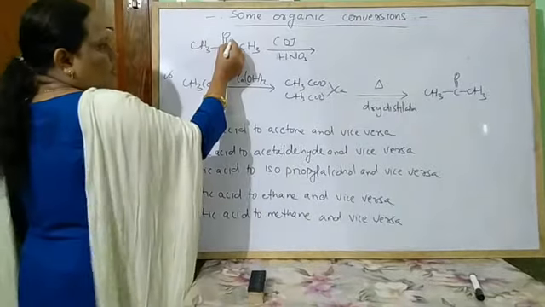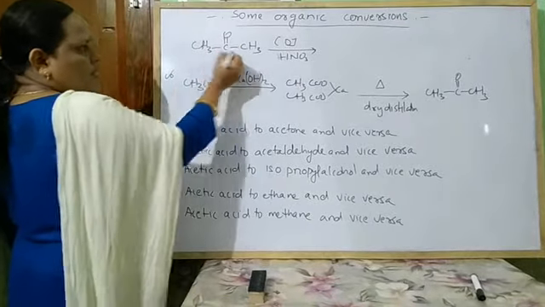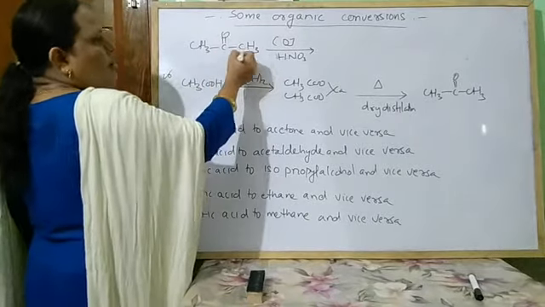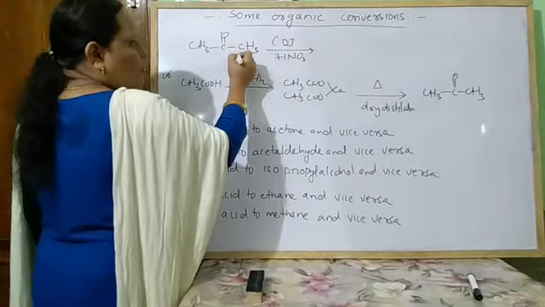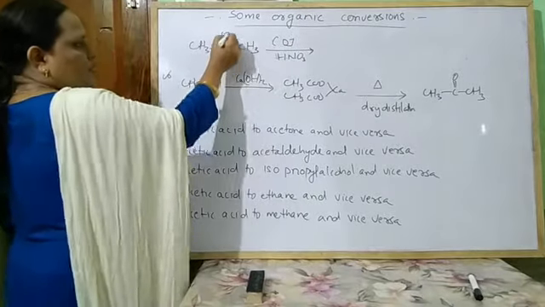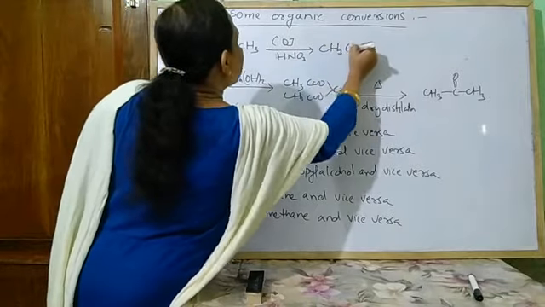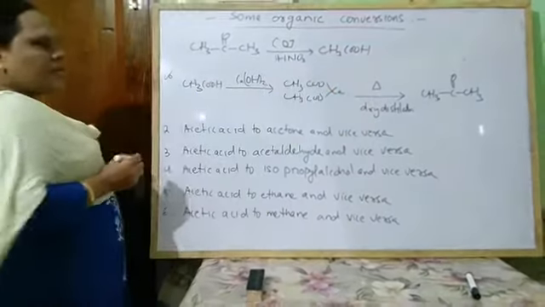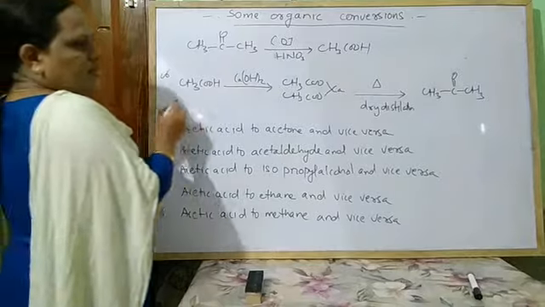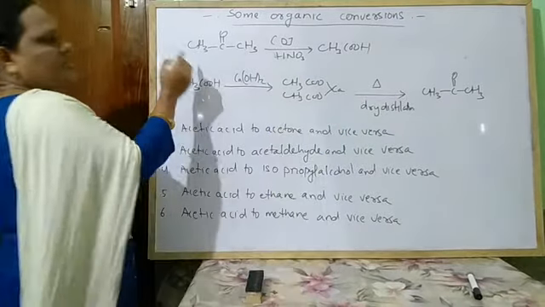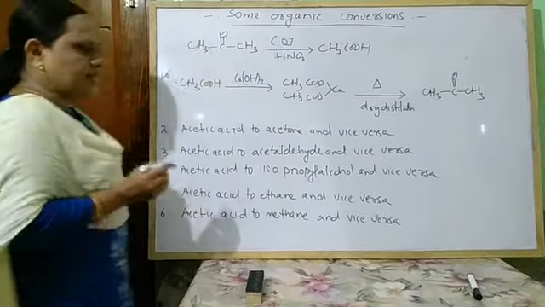So here bond breaking takes place. This part gives one acid and this part gives another acid, but the latter still undergoes oxidation to form carbon dioxide and water. So only this part gives you acetic acid. Okay, so this is acetic acid to acetone and this is acetone to acetic acid.